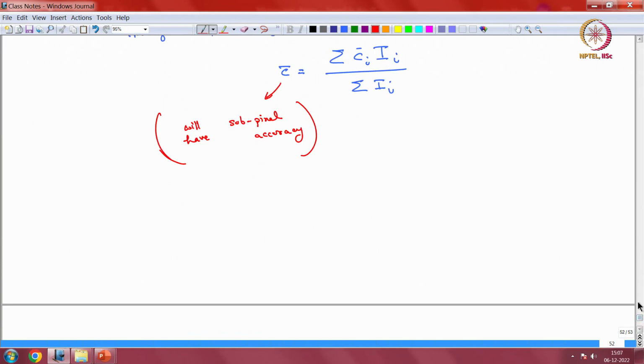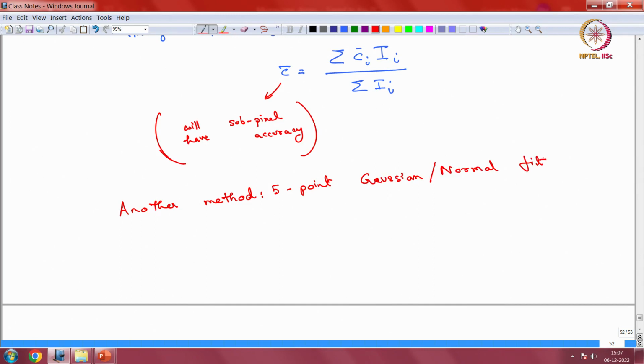Okay. I will discuss one more method before I stop today. Another method is often called the 5-point Gaussian or normal fit.